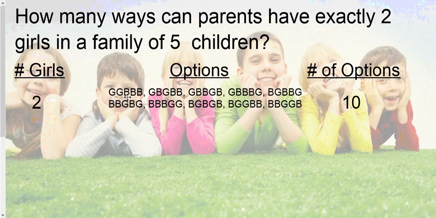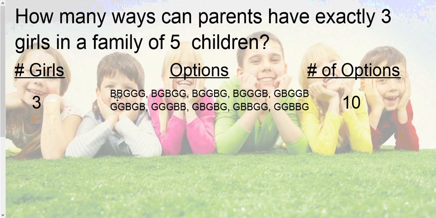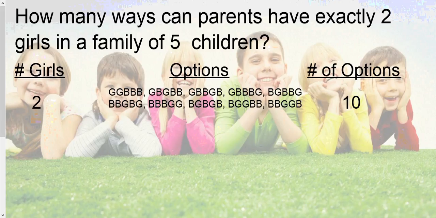Well, when you have two girls, you have two girls and three boys. So it's really the exact same setup, except compared to back here, where you have a B, B, G, G, G, you switch your two B's with G's and your three G's with B's, and that's how you end up getting the ones for two girls.